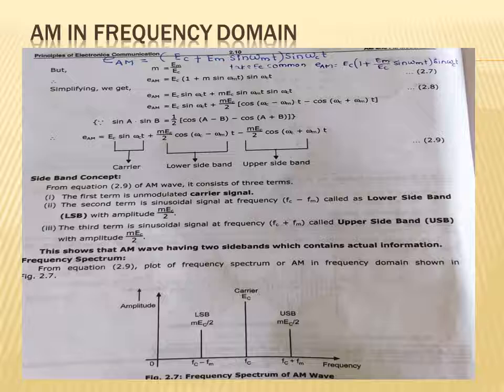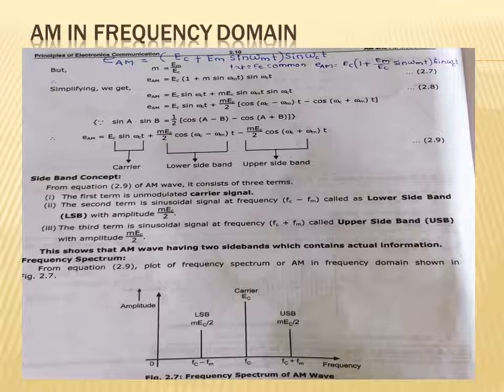Omega c means 2π fc and omega m is 2π fm, so replacing them we get the frequency fc minus fm, and the amplitude mEc by 2. Similarly for the upper side band, the frequency is fc plus fm and the amplitude is mEc by 2.